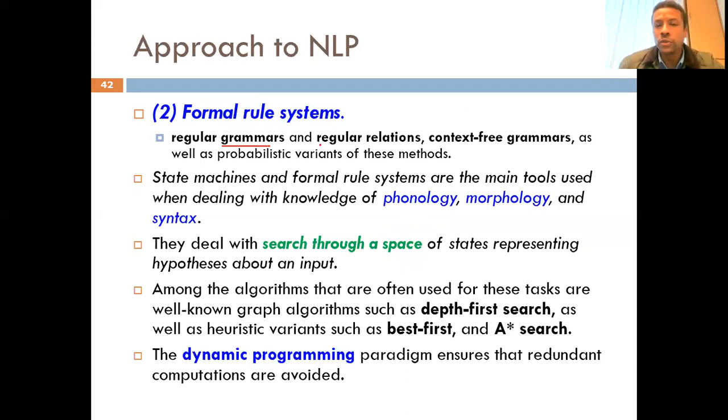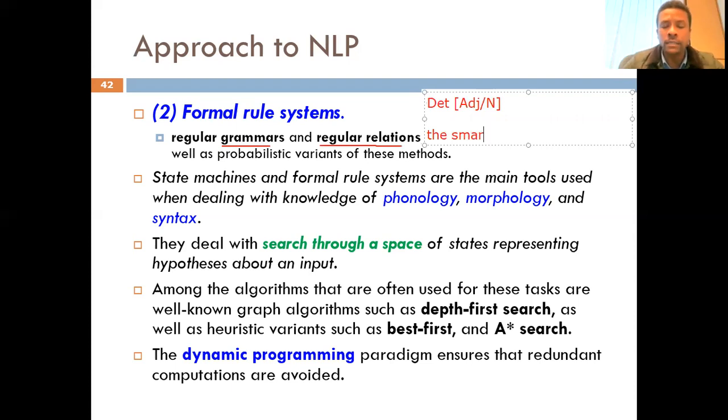If you think about regular relations, if you think about context-free grammar, they are all concerned about rules in the language. For instance, for the English language, we say, whenever you have a determiner, it can be followed by either an adjective or a noun.